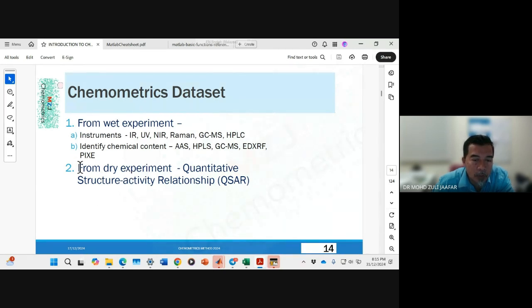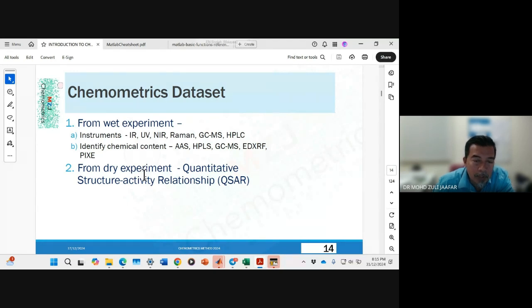This is what we call the dataset from dry experiment. Actually, it's coming from software. Quite sometimes you will find a paper that combines these two datasets together.